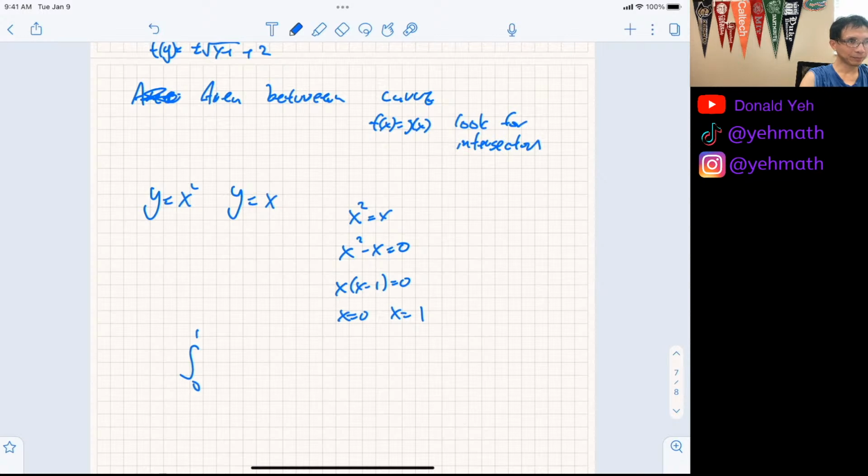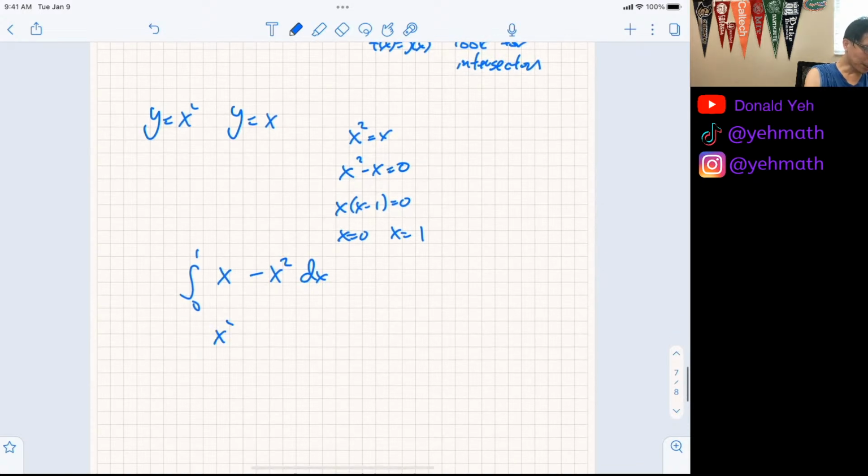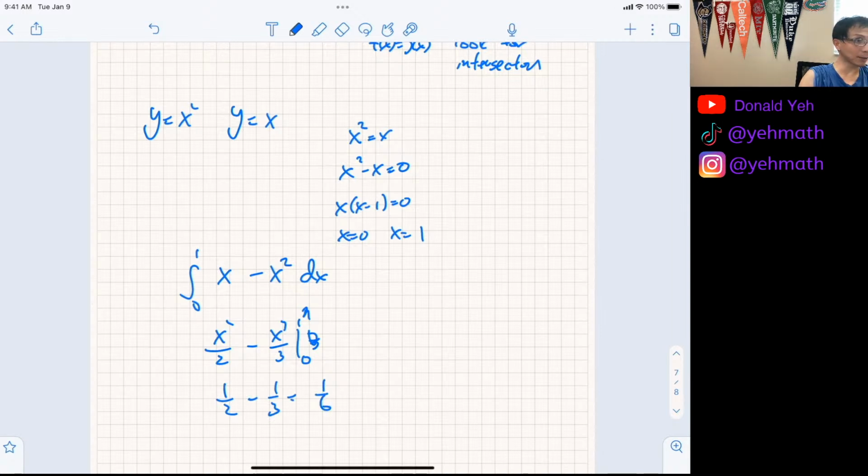A number between the intersections, anywhere in the range. You know that x is over x squared. Just in case you did it the other way around, you will get a negative number. So you have x squared over 2 minus x cubed over 3 from 0 to 1. And because 1/2 minus 1/3 is equal to 1/6. Yes, this is great.